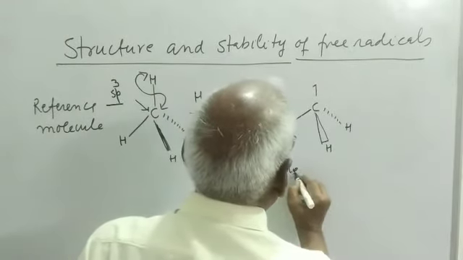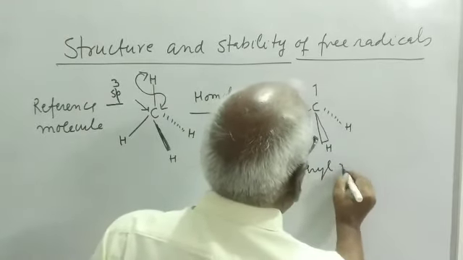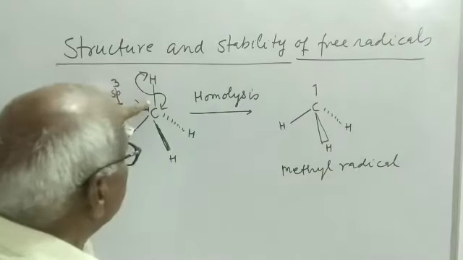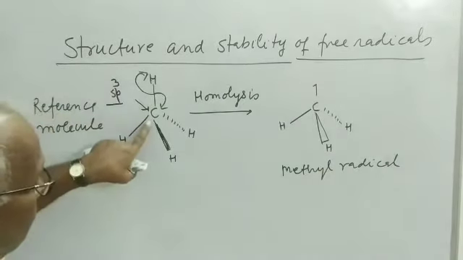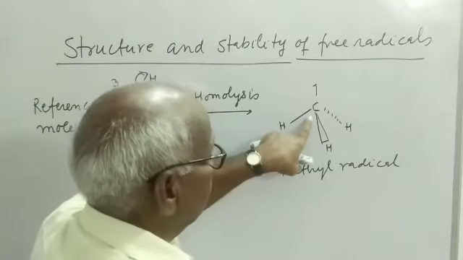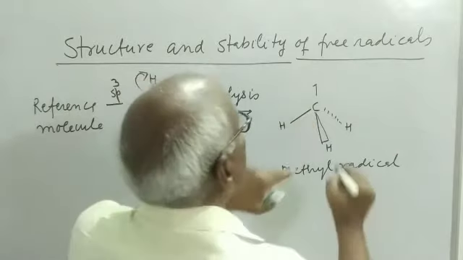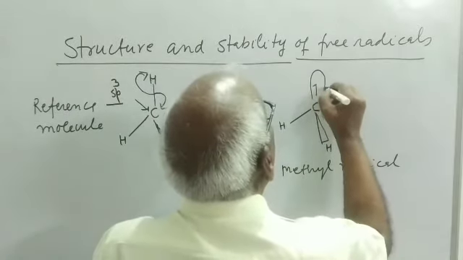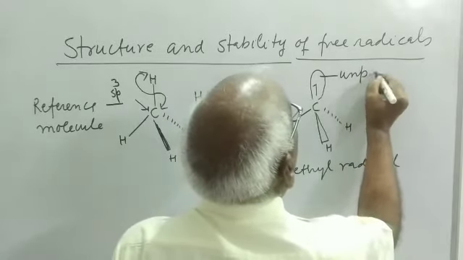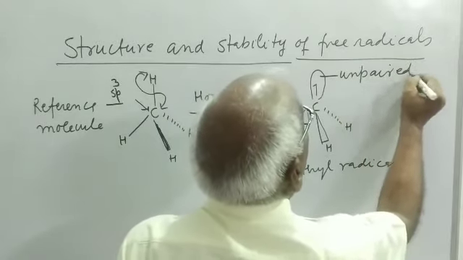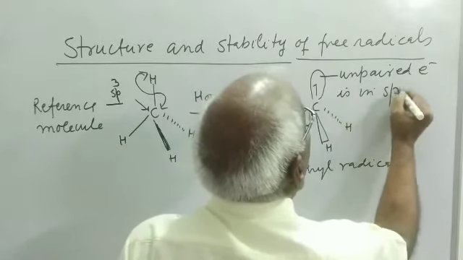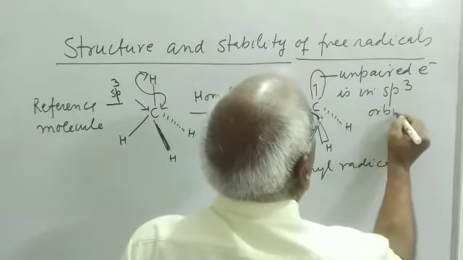What is the difference between these two? This is stable. Its octet is completed, but the octet of this carbon is incomplete. It carries only 7 electrons, and this unpaired electron is in an sp3 orbital.